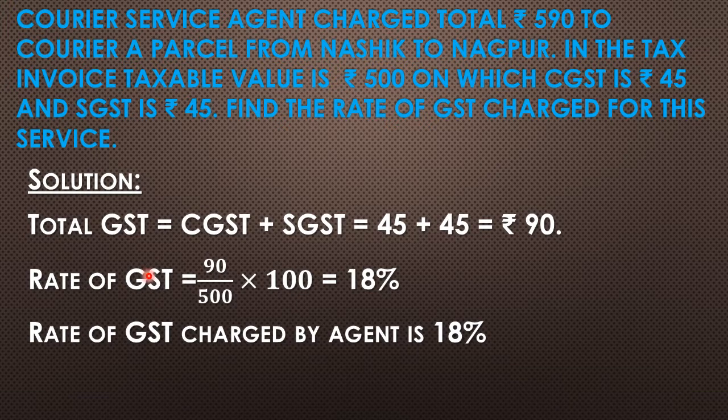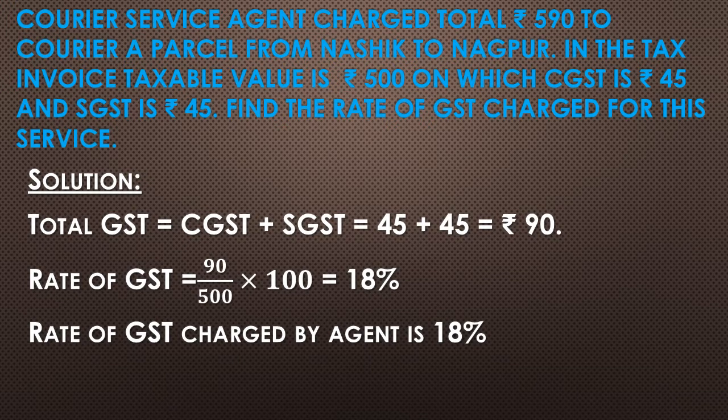Next, the rate of GST will be 90 upon 500 into 100, that is, the GST upon the total taxable value multiplied by 100 gives the rate of GST. After the calculations, the zeros get cancelled, and what is left is 90 upon 5, which gives 18, so that is 18%. So the rate of GST charged by the agent is 18%.